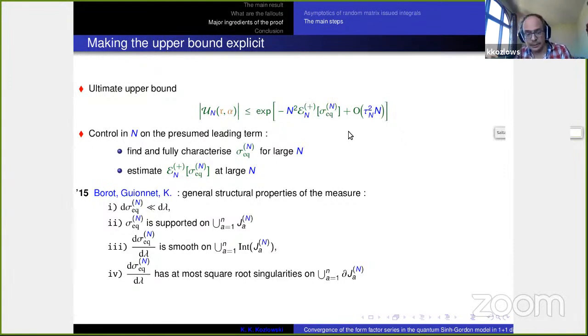And you need to describe the minimizer, fully characterize it, show how it depends on n, evaluate the n-dependent functional, and estimate how this n-dependent functional grows with n. So again, with my co-authors, we determine general properties of such minimizers.